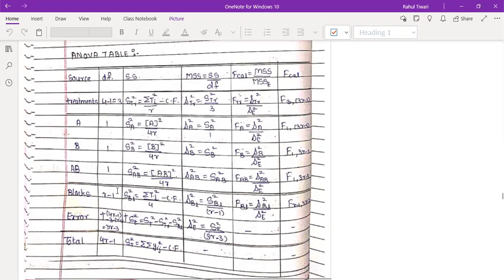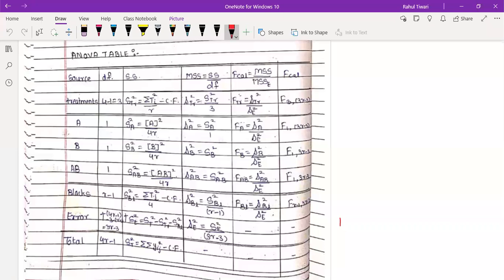Similarly, we have a block. In the block we have R observations repeated, which is why R minus 1 comes into the picture, and hence total minus treatment minus block will give the error. Make sure there is no confusion. To get the error degree of freedom, we have total minus treatments minus block.